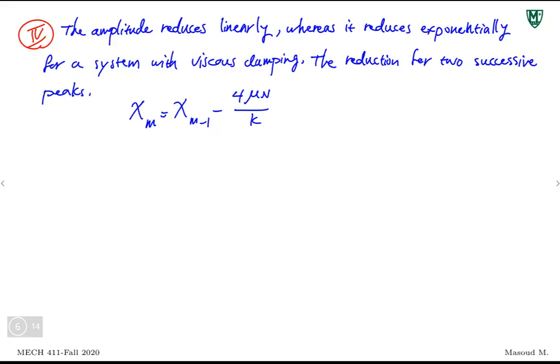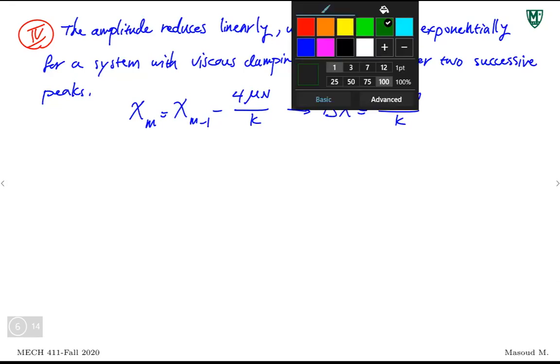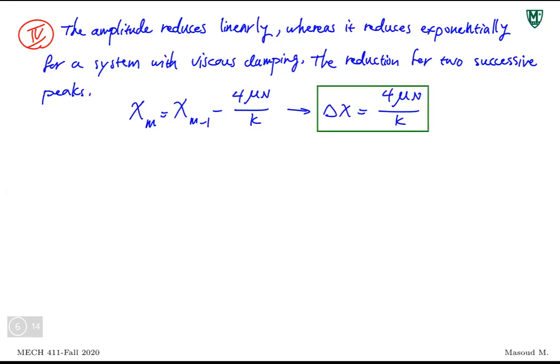But this is the relationship between two successive peaks for one cycle. You can rewrite it as delta x equal to 4 mu n over k. The amount of reduction in the amplitude from this peak to the next peak is 4 mu n over k. Either of these two, depending on how you want to think about it.